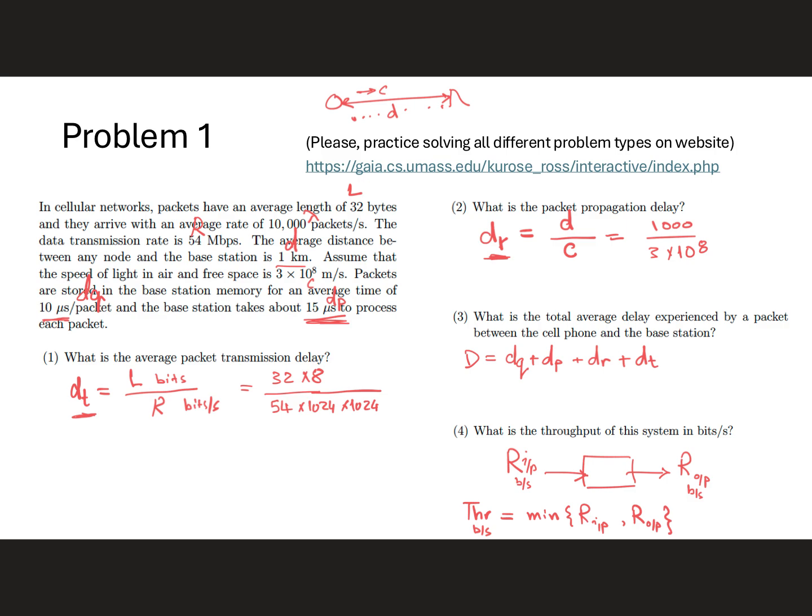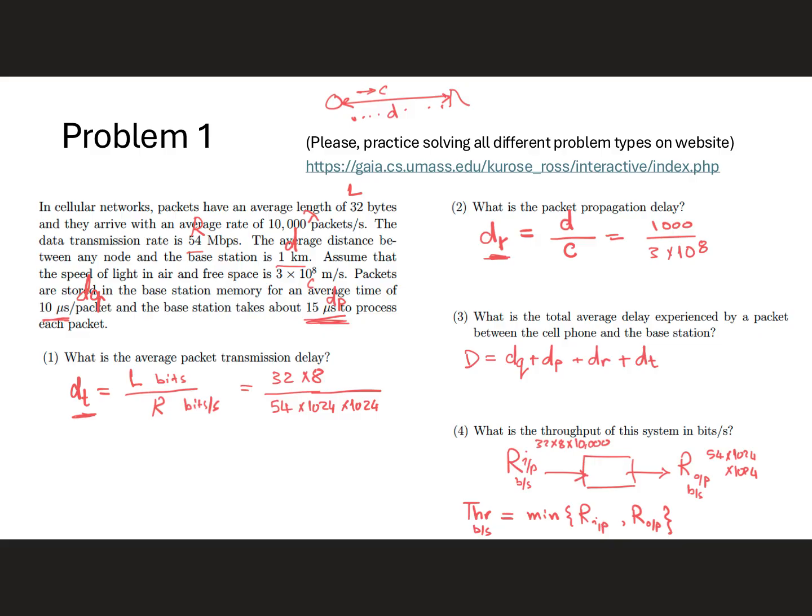So we have the input here, 32 times 8 times 10,000, right? That's the rate at the input. The rate at the output is the 54 megabits per second. So it's 54 times 1024 times 1024. Okay?